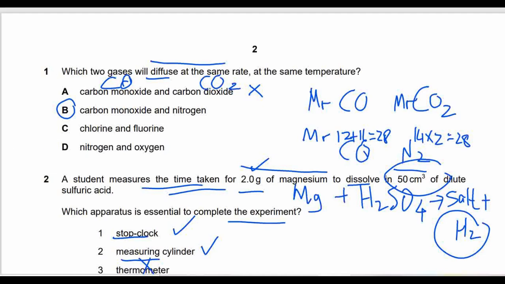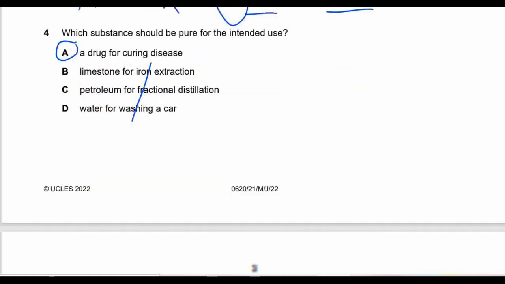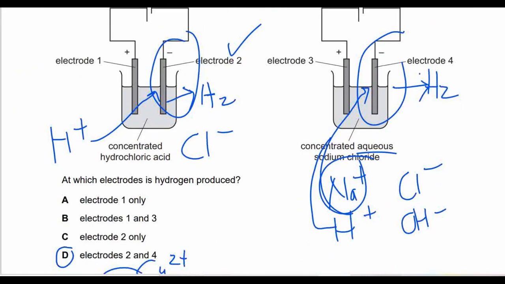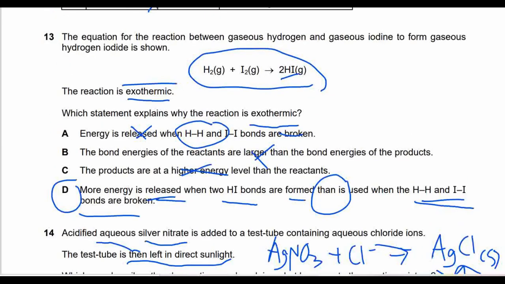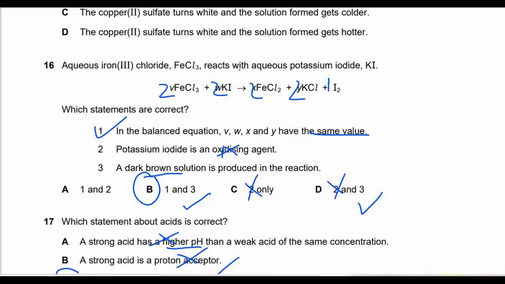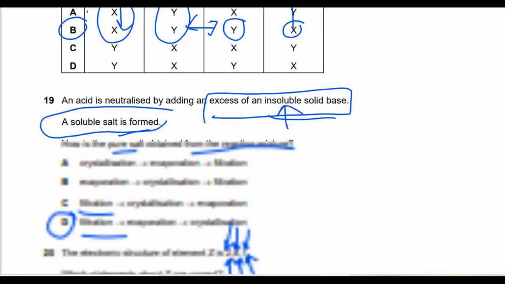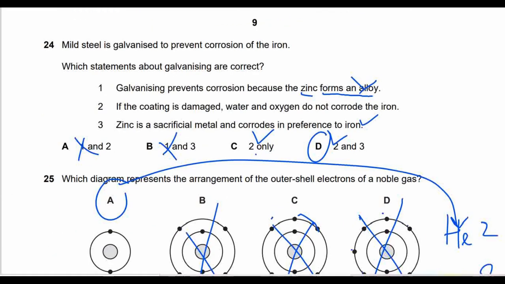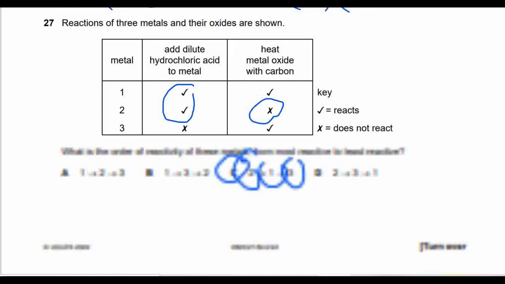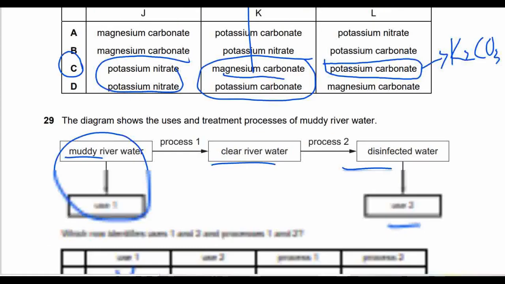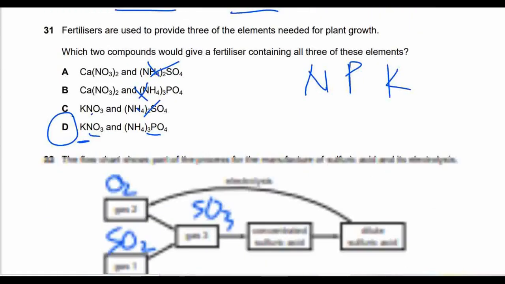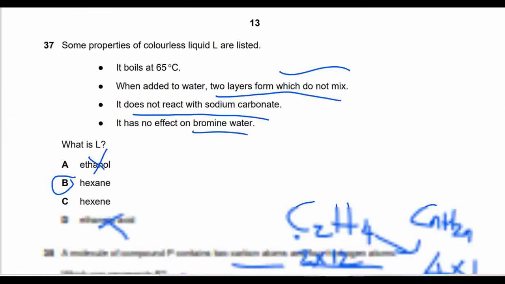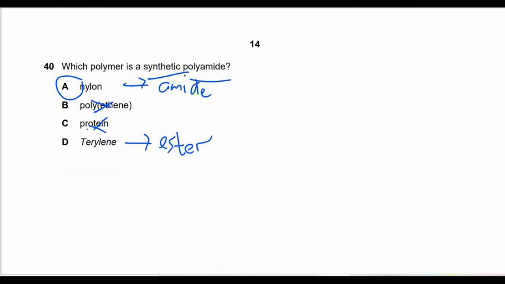This is question 1, this is 2, 3, 4, 5, 6, 7, 8, 9, 10, 11, 12, 13, 14, 15, 16, 17, 18, 19, 20, 21, 22, 23, 24, 25, 26, 27, 28, 29, 30, 31, 32, 33, 34, 35, 36, 37, 38, 39, and the last is 40.